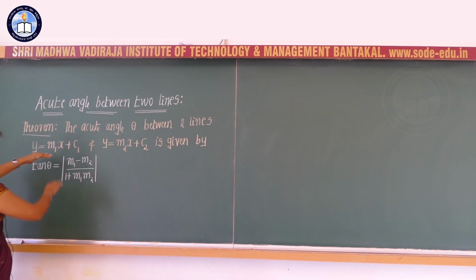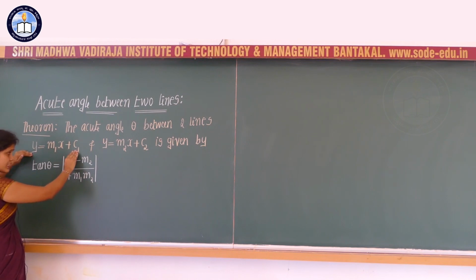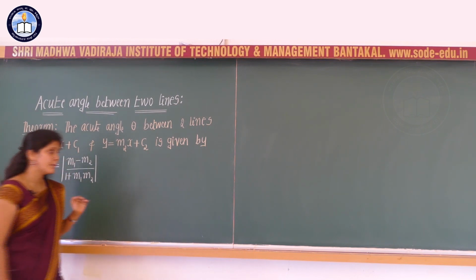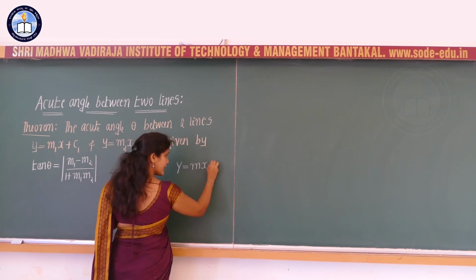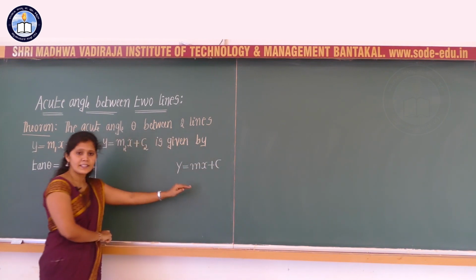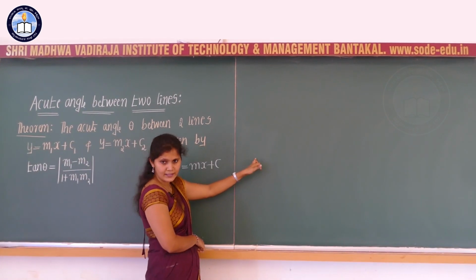Two lines are given in the form y is equal to m into x plus c. What is meant by y is equal to mx plus c? Here m is the slope of the line and c is called the y-intercept.